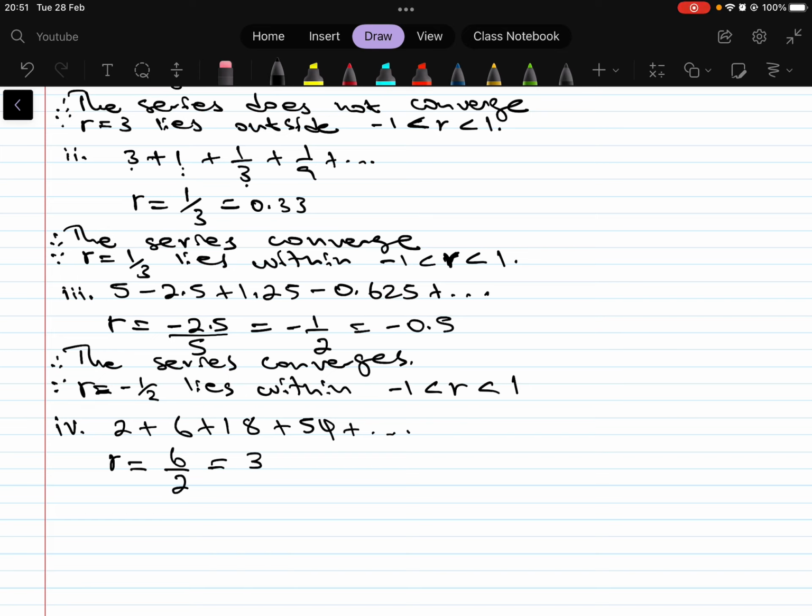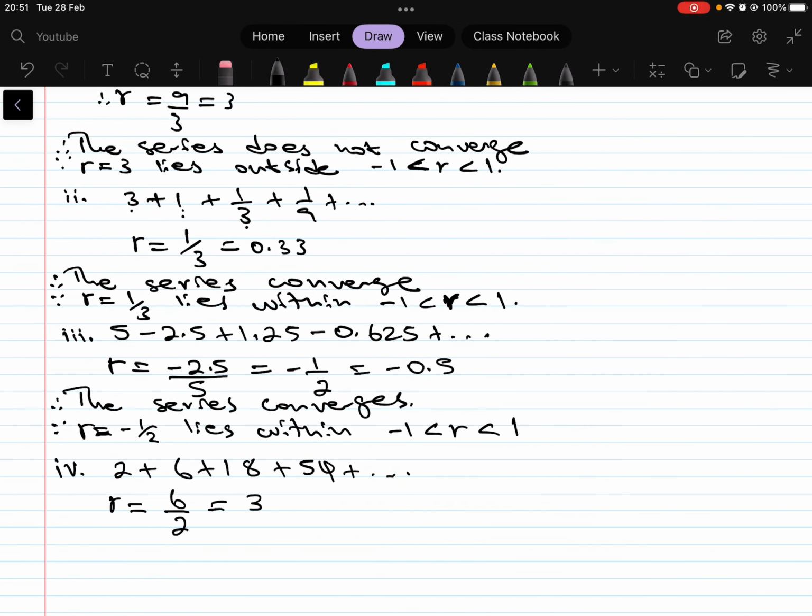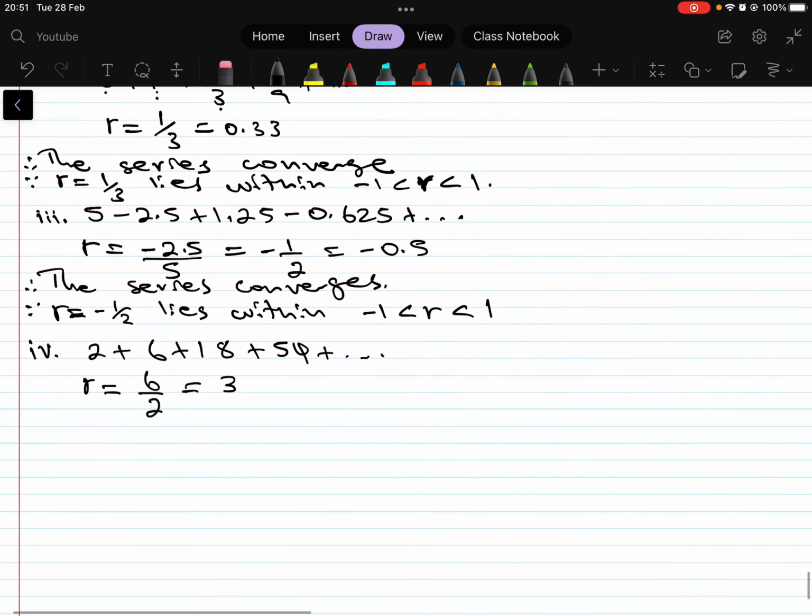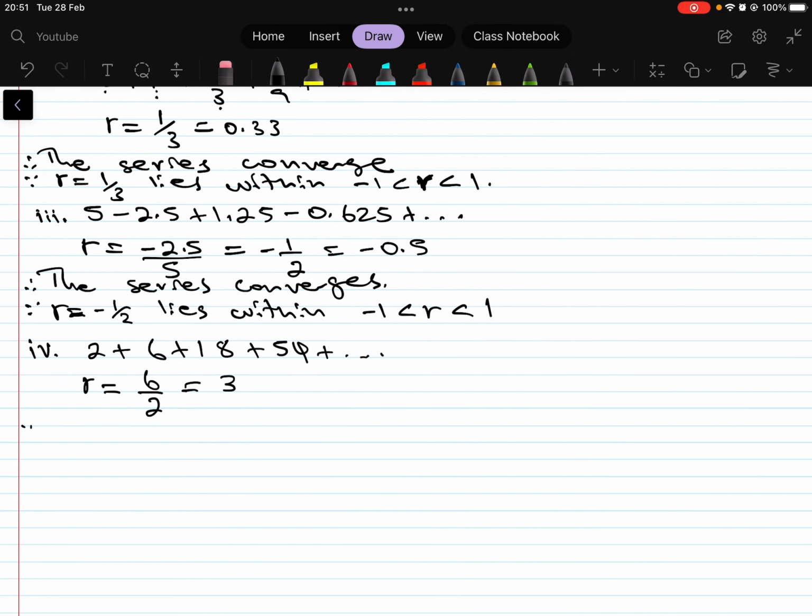Then your R, you get it as 3. 6 divided by 2 is actually 3. You can check 54 divided by 18, you still get 3. So that's similar to the very first question, where our R was 3. So the same conclusion will still apply.